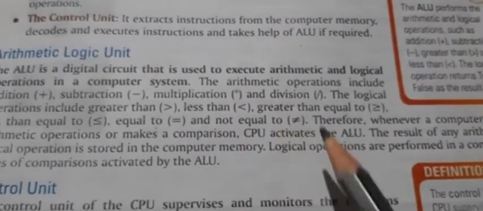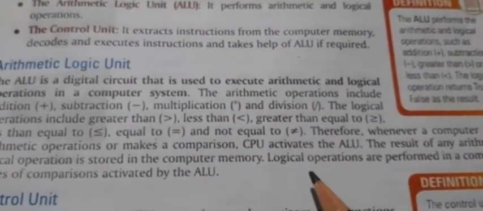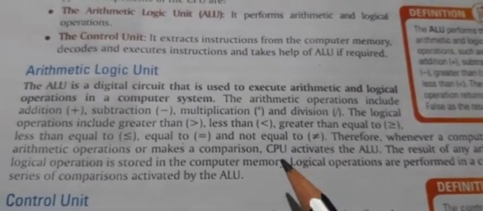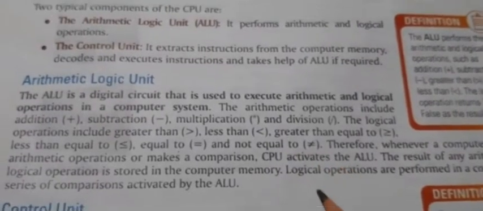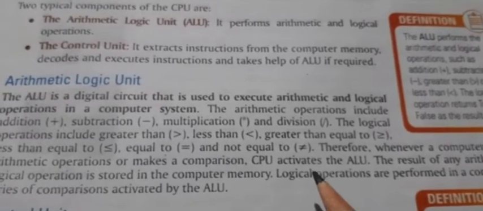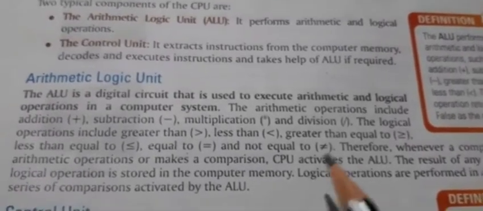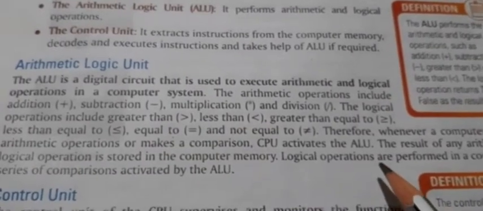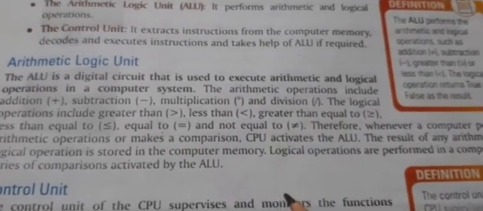Arithmetical means addition, subtraction, division. These simple calculations are known as arithmetical calculations, and things like greater than, less than, equal to come under the logical. Okay, so these are the works of the arithmetical and logical unit.